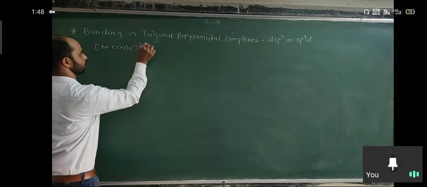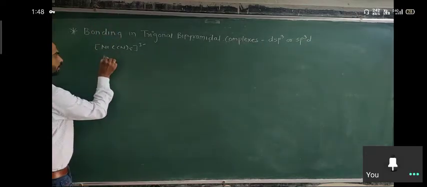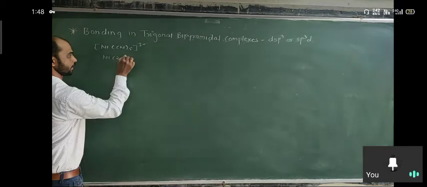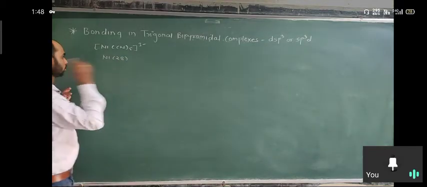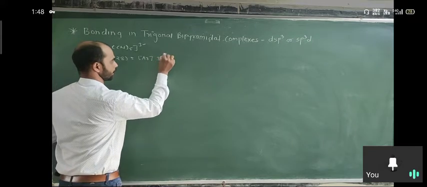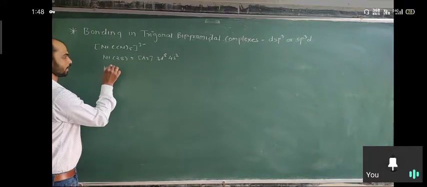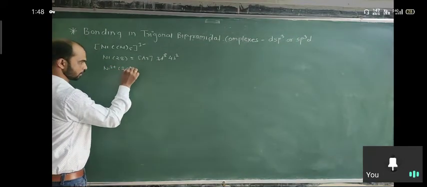NiCN5 3 minus. Okay, again same as here, Ni has atomic number 28, so it suggests the Ar 3d8 4s2 electronic configuration. But here the oxidation state of Ni is +2, that means 26 electrons.